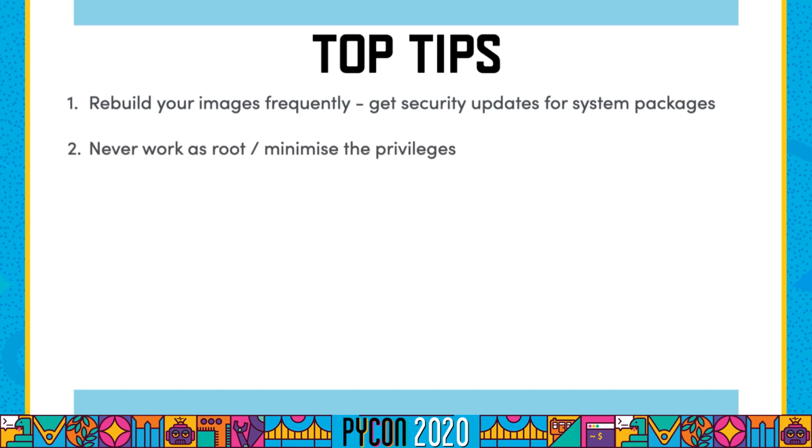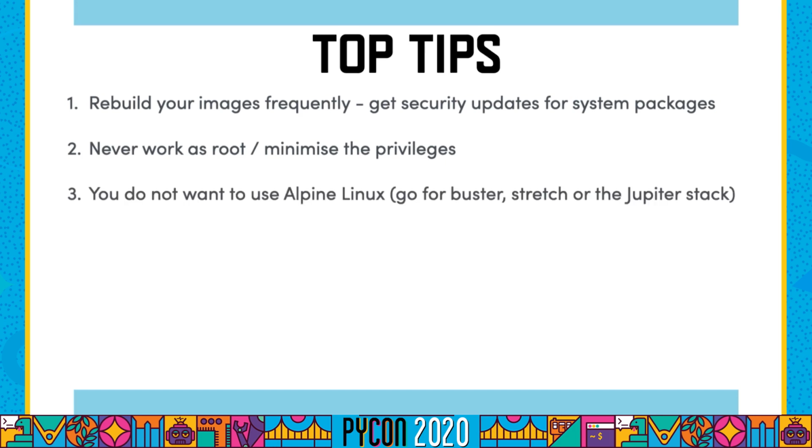Never work as root. Minimize the privileges. The lower privileges you have, the better. Also, keep track of all the ports that you are using and how you're binding them to your container. You don't want to use Alpine Linux. Go for Buster, Stretch, or the Jupyter stack.